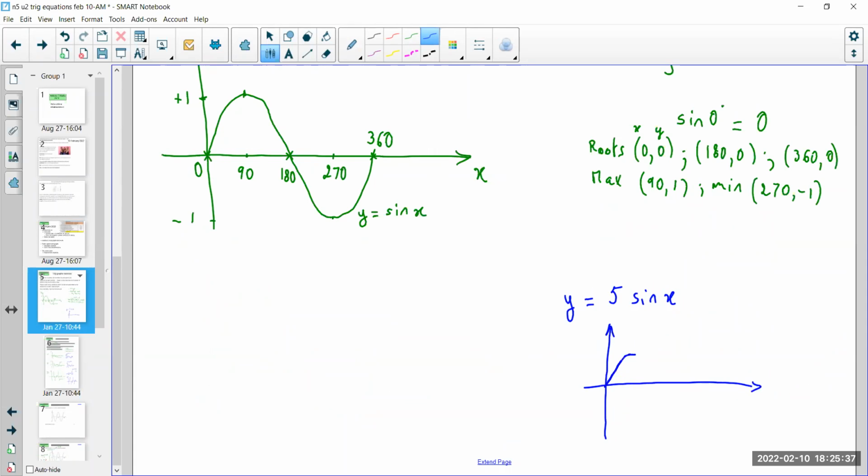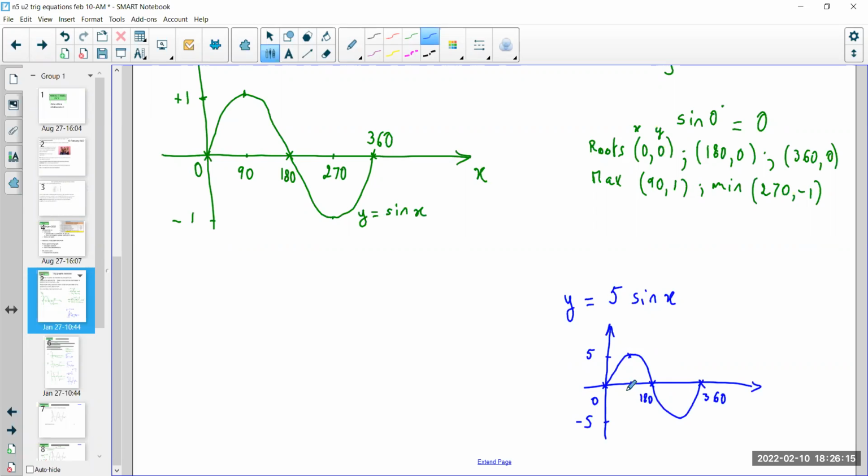I would draw the exact same roots there, 180, 0, and 360. The only difference between my y equals sine x and my y equals 5 sine x: when I had sine x equal 1 at 90, because I times it by 5, now my maximum becomes 5. And the same for my minimum would become -5. So if someone asks me, draw 5 sine x, this is exactly the way I would draw it.